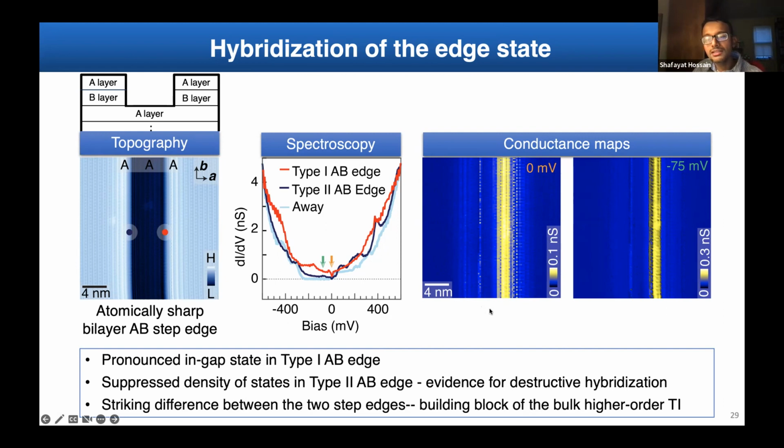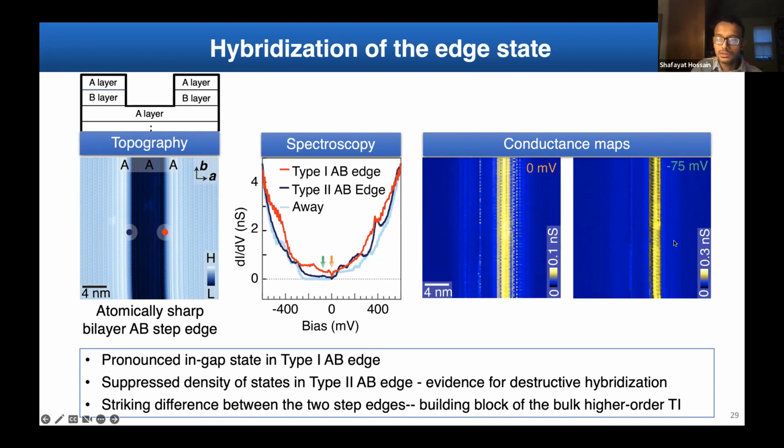We can also see this hybridization in the conductance maps. So here, for example, at Fermi level, we see only the type 1, or here the right AB edge shows the edge state. Left one does not show a clear edge state. And even in another in-gap bias, minus 75 meV, same thing happens.